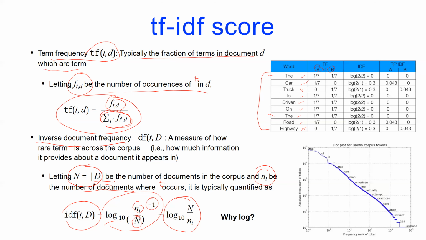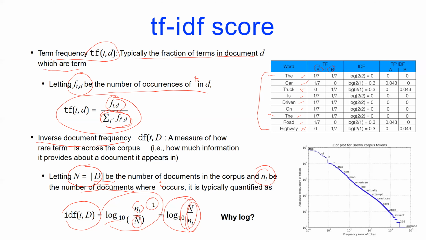But the NT can be small, if you are talking about a very special term, let's say Python. Python probably appeared in maybe 1,000 documents. But if you have 1 million documents, then this can be very large. When you take a log, it will bring it down to a smaller number. You are only concerned about the power it is raised to.